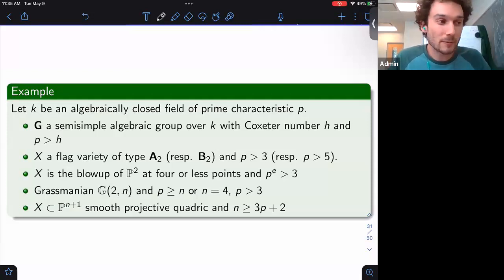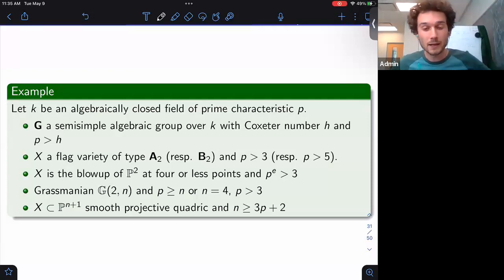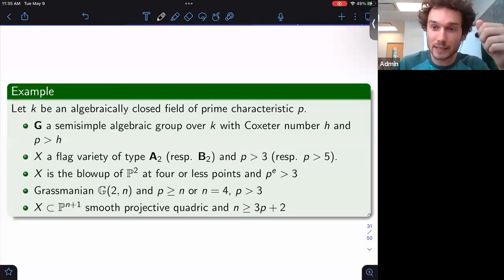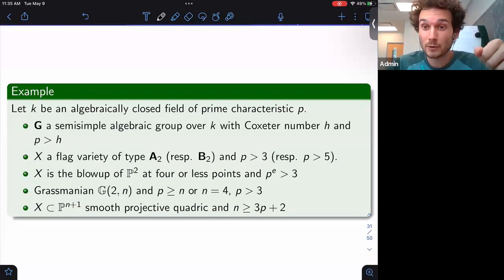People have been asking questions about pushing forward the structure sheaf on OX to either generate, produce a tilting generator, how does it decompose, and so on and so forth. And currently the list that is known is, if I have a semi-simple algebraic group over K with Coxeter number h, and when p is bigger than h, we can produce that it's F-thick. Flag varieties of type A2 or B2 and an assumption on the characteristic of the base field tell me whether or not I'm going to be F-thick.